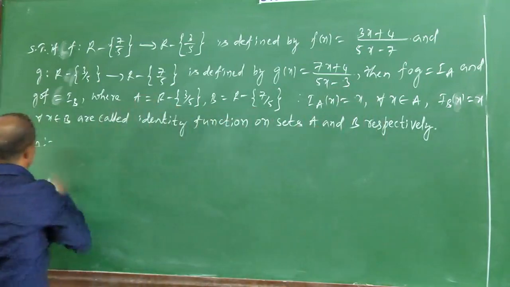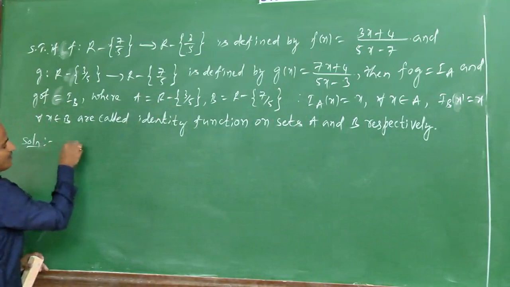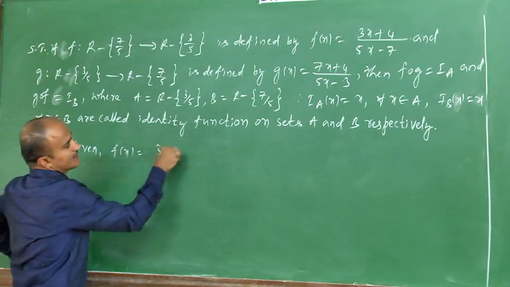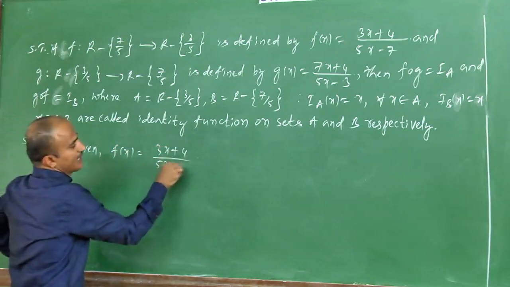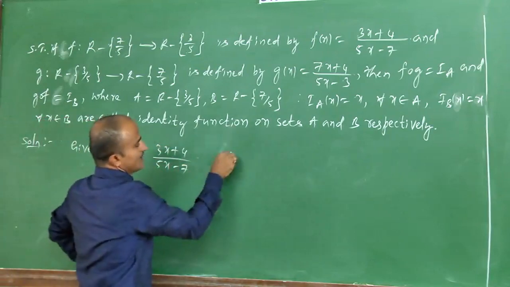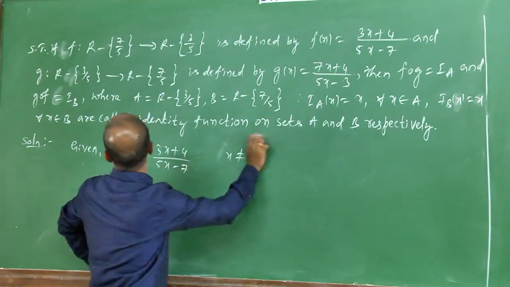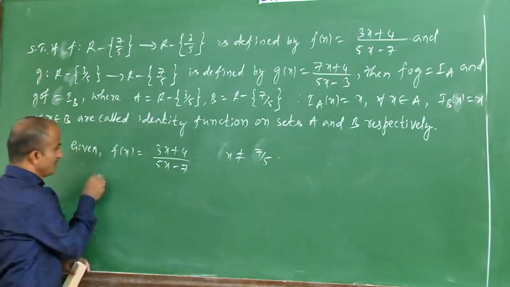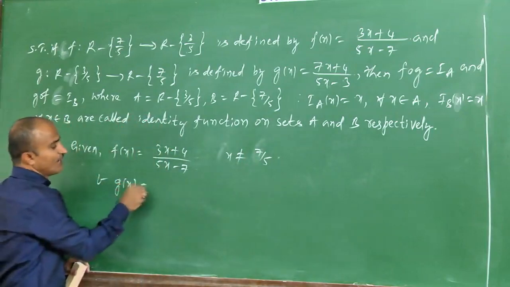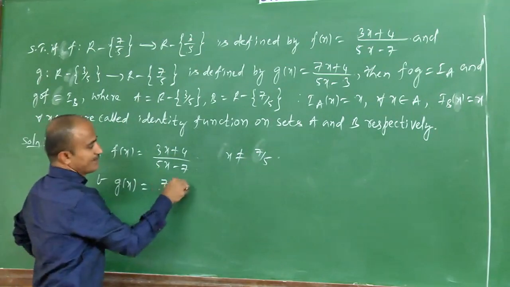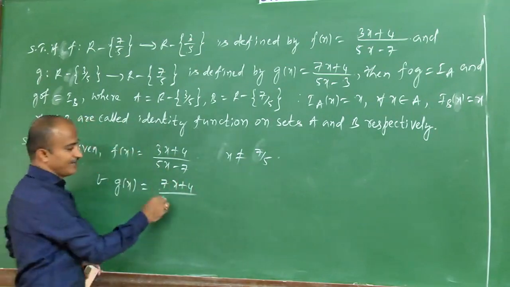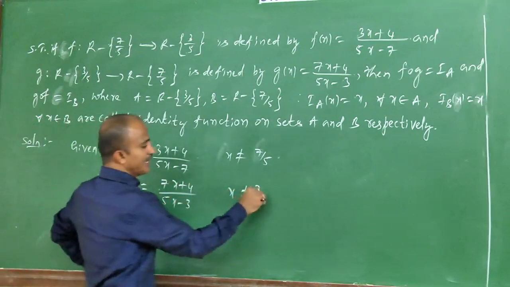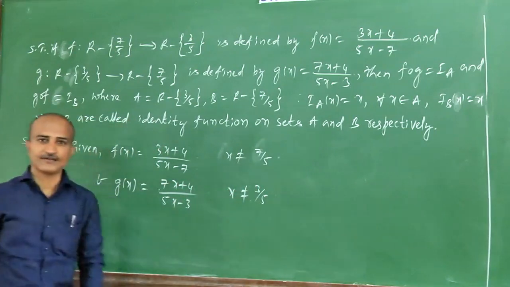Now we need to show, consider, the given f of x, which is (3x plus 4) by (5x minus 7), where x is not equal to 7/5, and g of x equals (7x plus 4) by (5x minus 3), where x is not equal to 3/5.